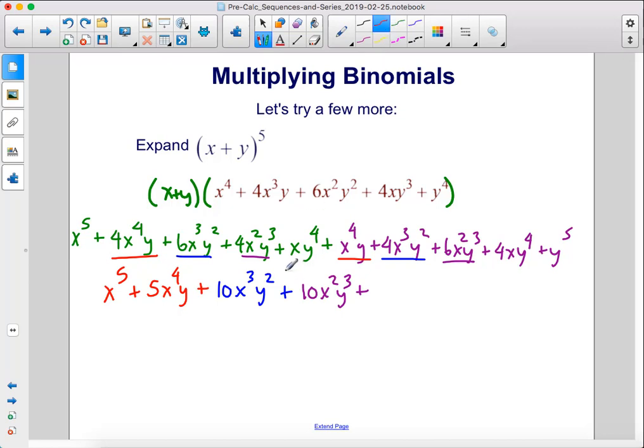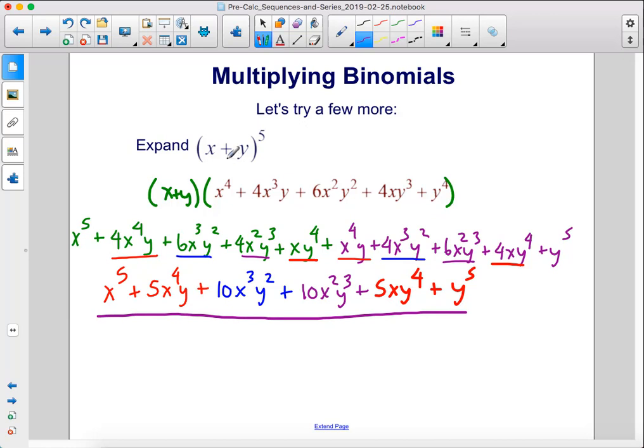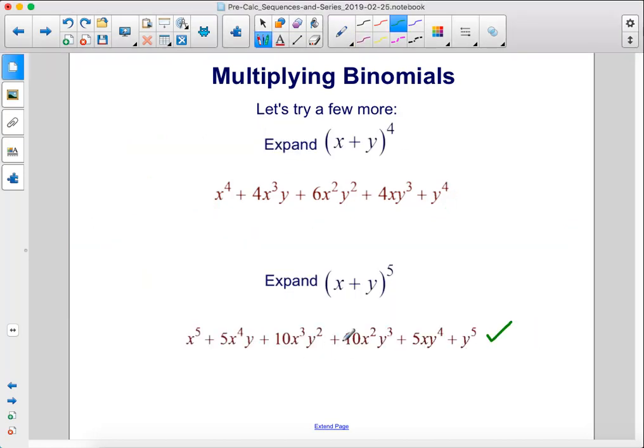Plus, we have x times y to the fourth, and we have 4xy to the fourth, so that's 5xy to the fourth, plus y to the fifth. So here is our solution for x plus y to the fifth. And there you have it, our solution.